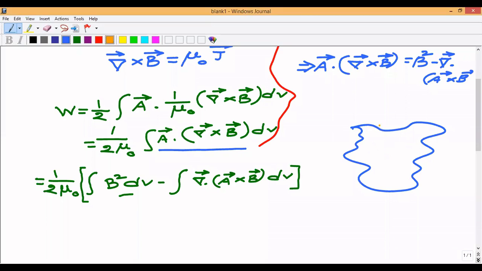The volume is V, and the total surface area is S. Then according to the Gauss divergence theorem, if we have any vector A defined at every point within this volume, divergence of A vector dV is equal to the surface integration of A vector dot dS vector.